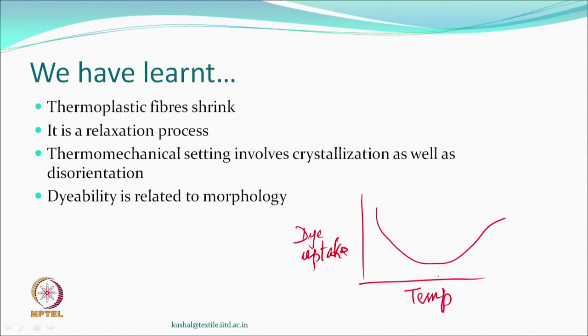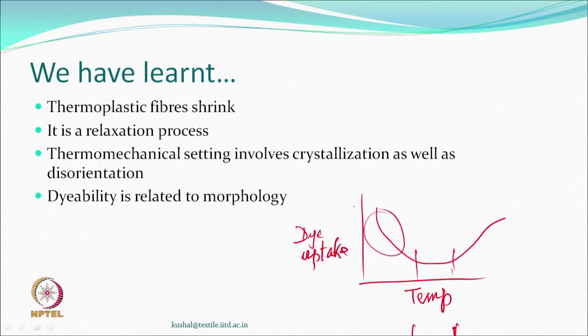A dyer would prefer a temperature range from here to here, where if there is a variation in temperature, the change in the dye uptake will be least. If you start dyeing here, then a small change in temperature can change the dye uptake more, and you can have non-uniformity in the dye uptake, and so that may not be a good idea. So, that is one simple comment.